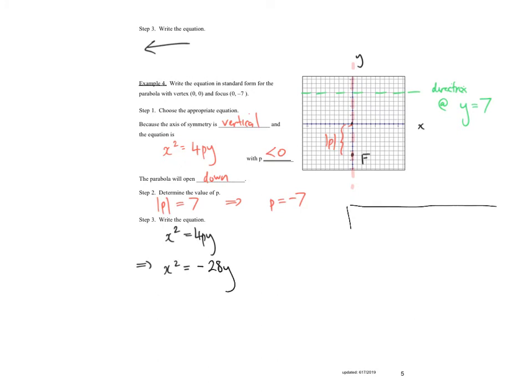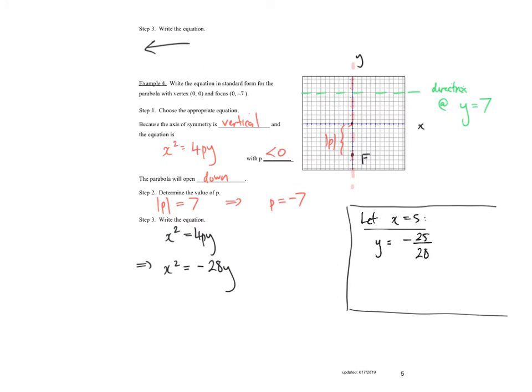Before we can do a convincing sketch, let's take another point on the parabola. Let's take x to be 5. That gives us y equals negative 25 over 28, just solving.